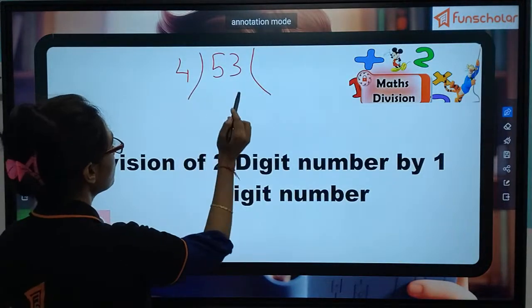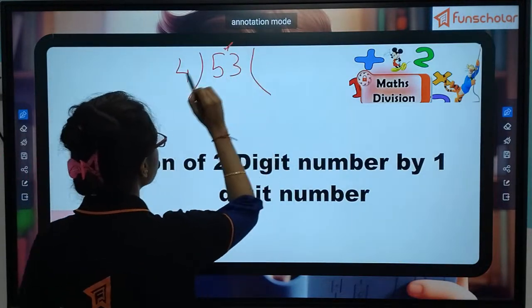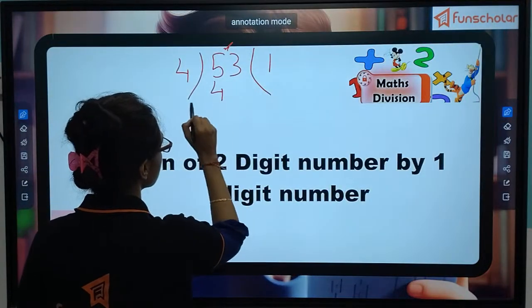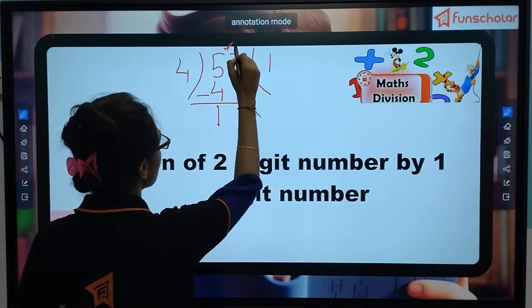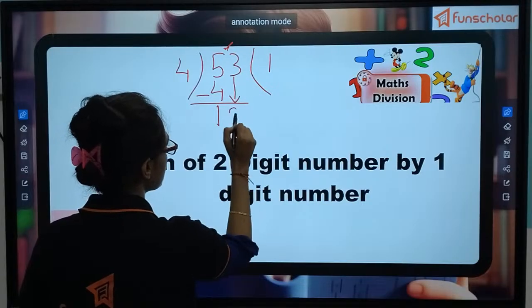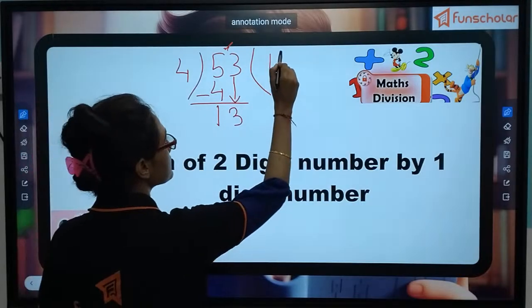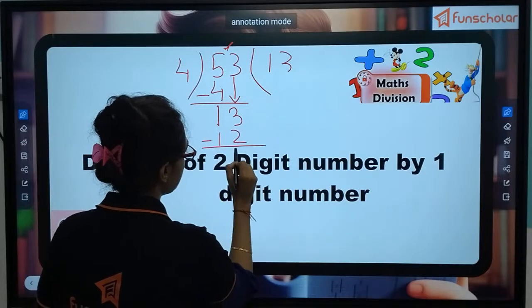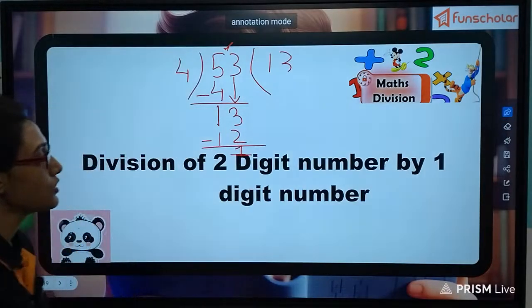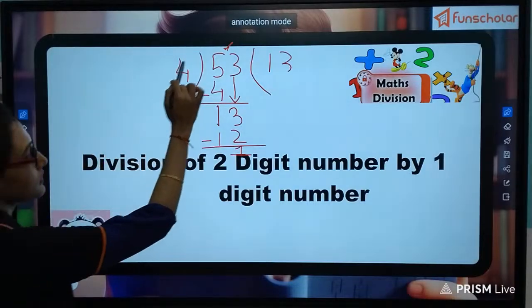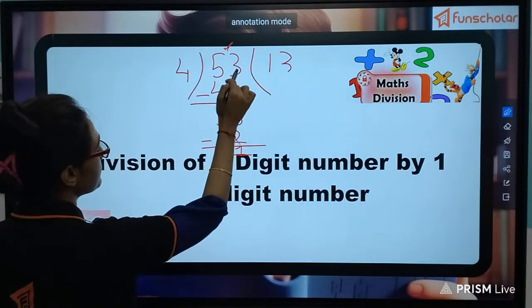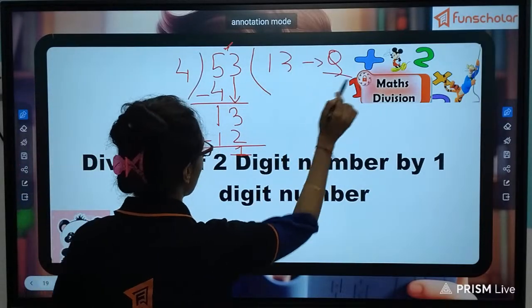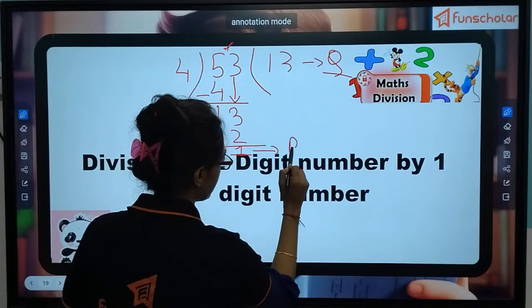Now 5 is greater than 4. So 4 1 is 4. 1 remains and 3 will come over in the next step. 4 3s are 12. So remainder is 1. So when we divide 53 by 4, we get 13 as quotient and 1 as remainder.